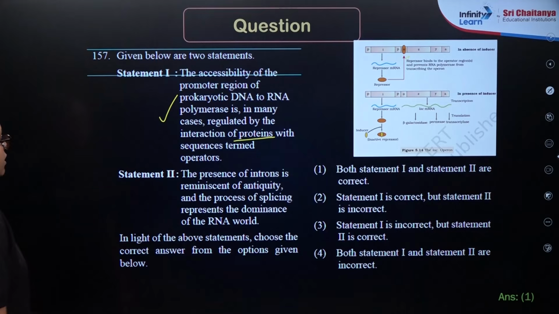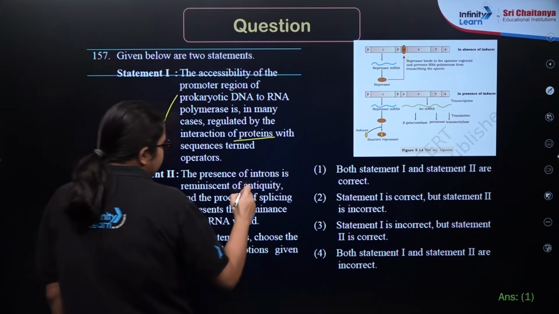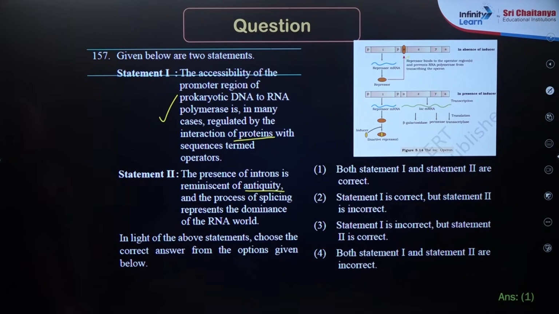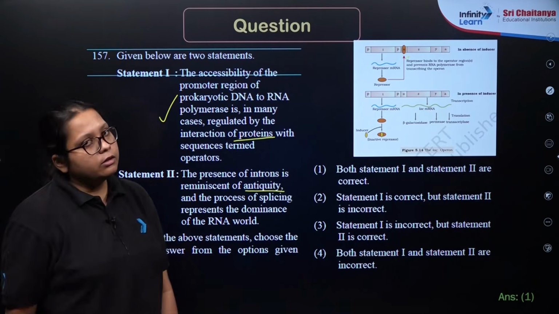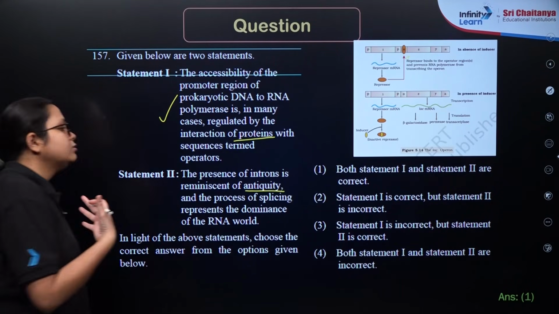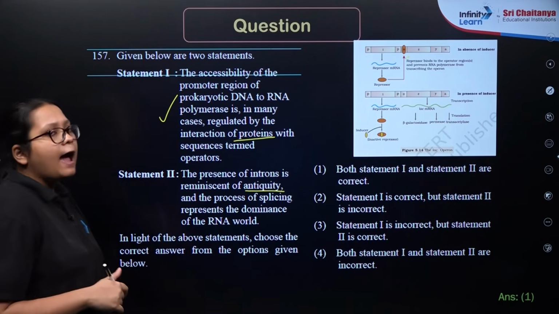Statement 2. The presence of introns is reminiscent of antiquity. Yes, introns are those parts of DNA which do not code for any proteins. So this is old DNA which has now lost its function, a sign of antique features. That is why it is called reminiscent of antiquity.